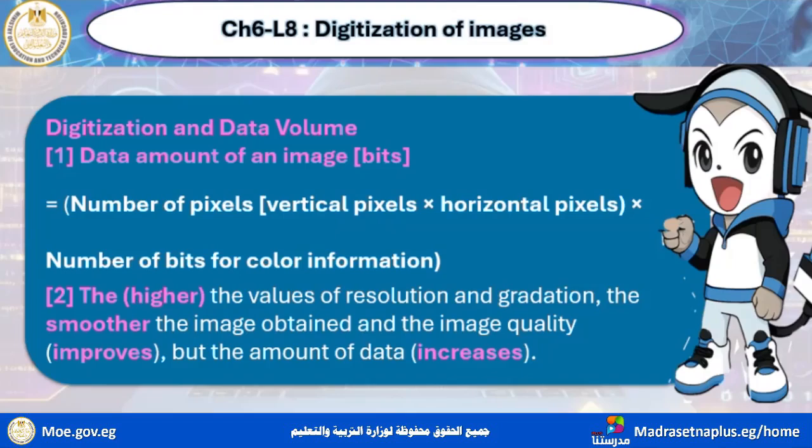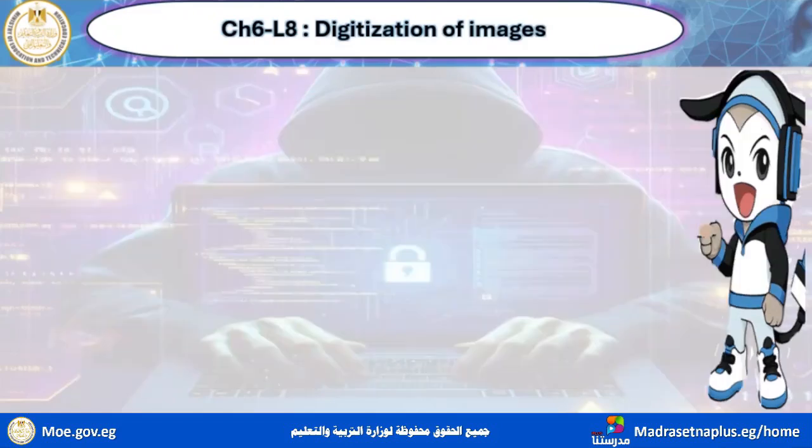And we must know that a higher value of resolution and gradation means dividing it into more levels. The smoother the image, the more details it has, it is not sharp, it is of high quality, and it has a high amount of data.